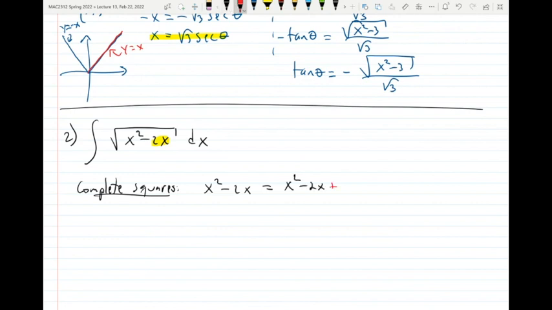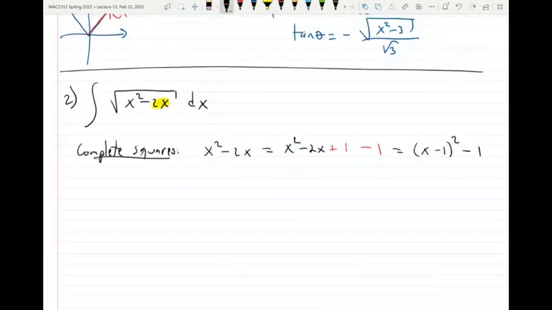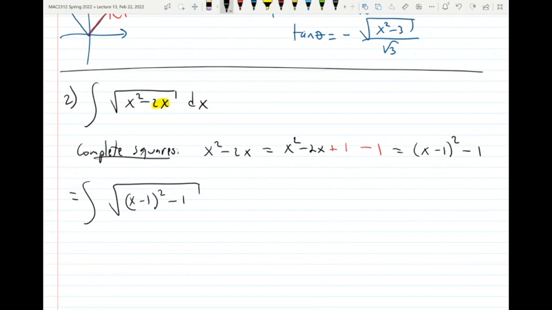We add negative 2 divided by 2, which is negative 1, squared, that's 1. So we added 1, but then we need to subtract it. So this becomes x minus 1 squared minus 1. So our integral is the integral of the square root of x minus 1 squared minus 1 dx.